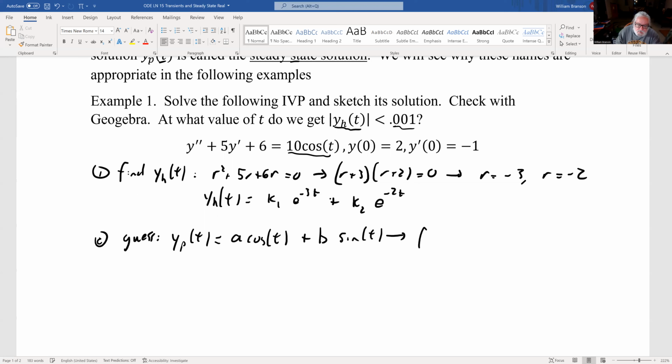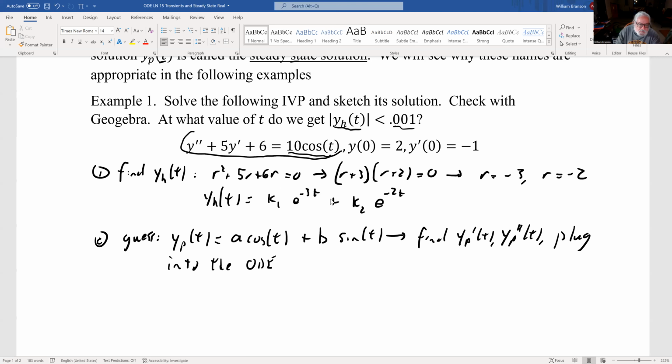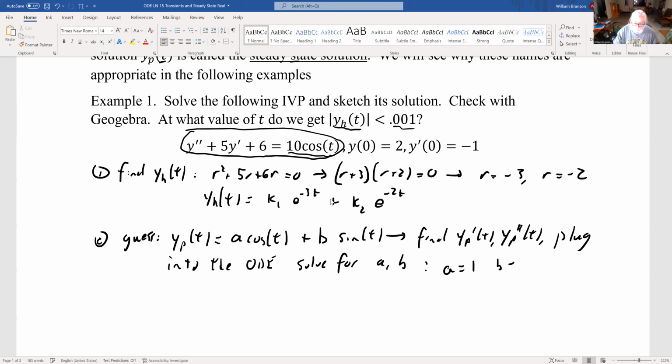Then we do the usual thing, find y p prime of t and y p double prime of t, plug into the ODE, plug it into the left side there and solve for A and B. We end up with A equals 1 and B equals 1. So y p of t is cosine t plus sine t.